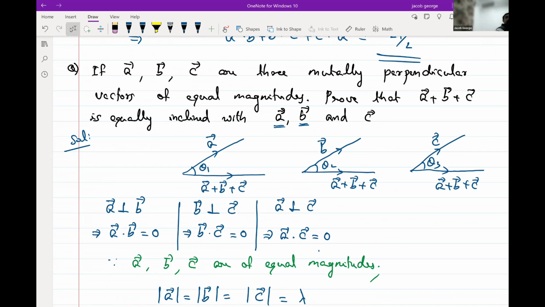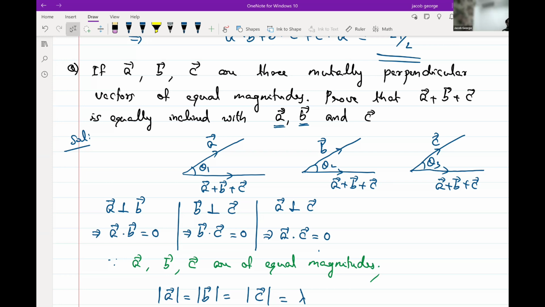Vector A, vector B, vector C are 3 mutually perpendicular vectors. What do you mean by mutually perpendicular vectors? A is perpendicular to B. B is perpendicular to C. And vector C is perpendicular to vector A. Means their dot product is 0. And here the inclination is asked. Inclination means angle. So what angle is asked? It is clearly written.